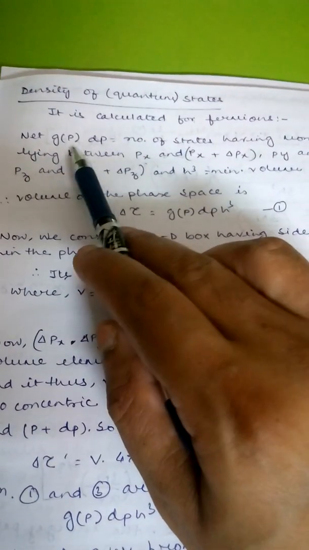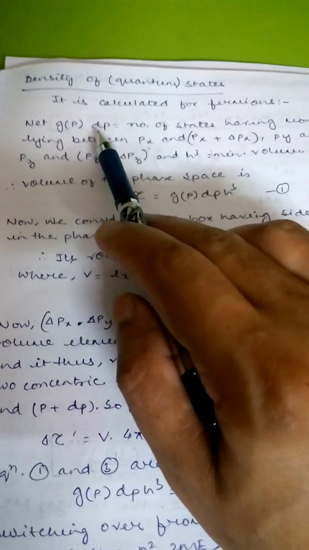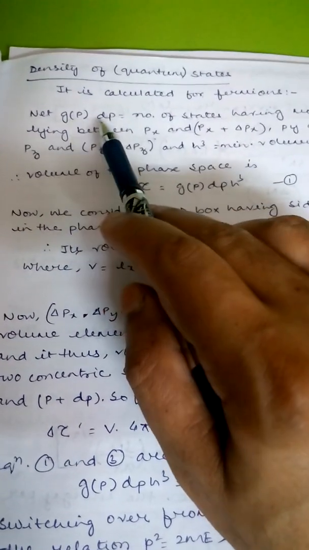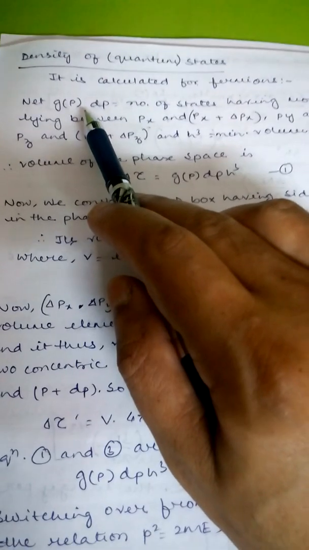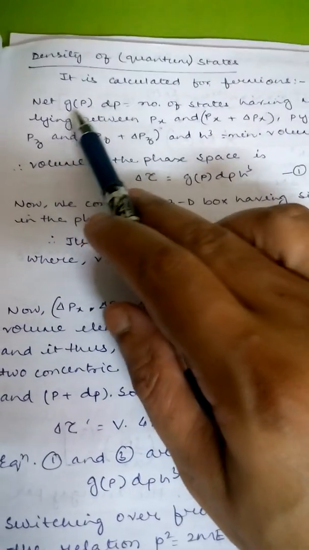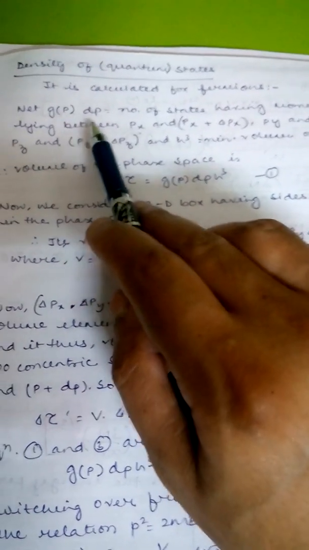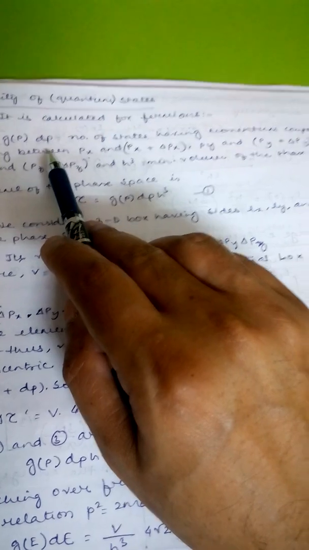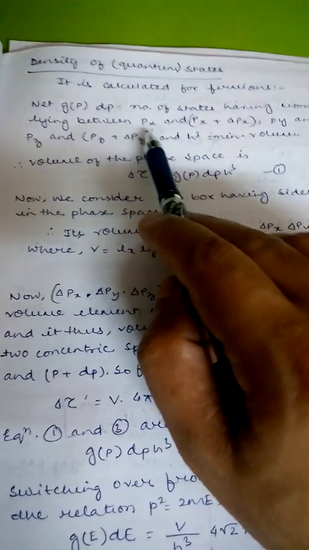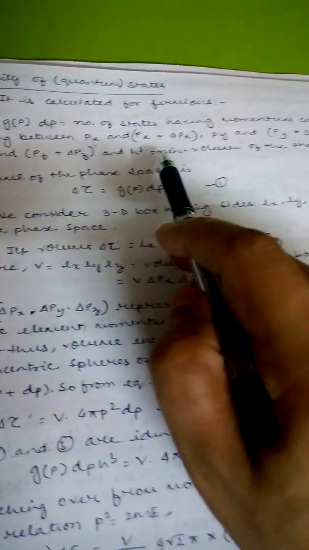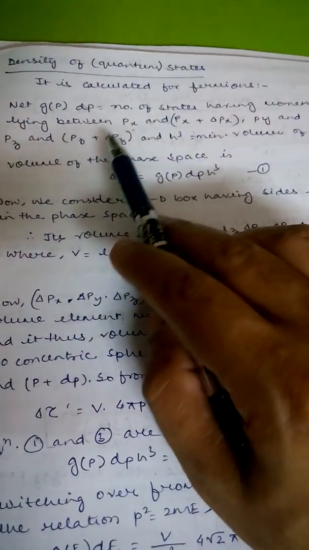So g(p)dp, in the concept of phase space, is referred to as momenta space. This is the conventional way to describe the number of states having momenta components between Px and Px plus delta Px and so on.